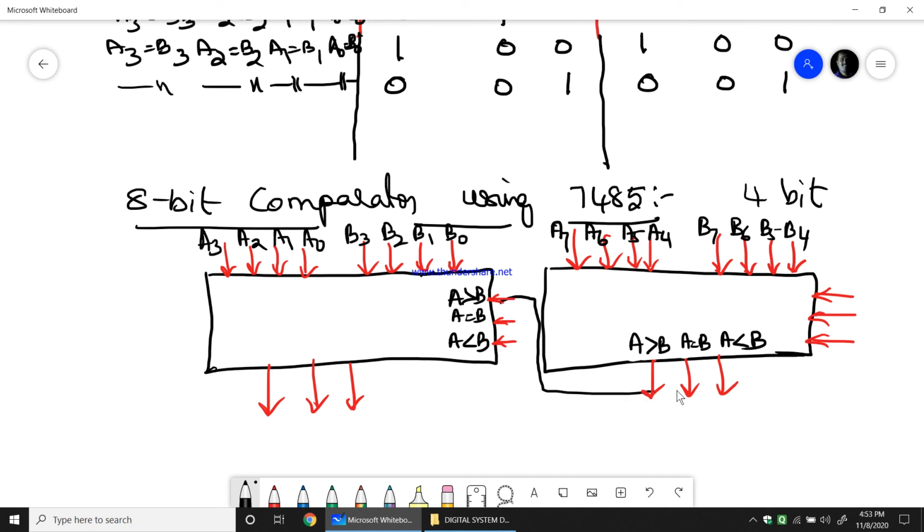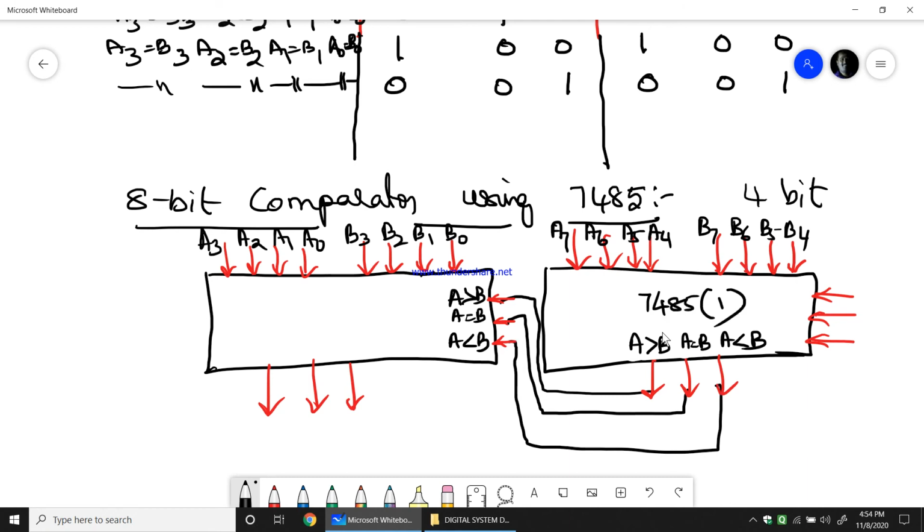The output of the first will be connected to the cascade input of the second. I will tell you why. So this is the first 7485 IC, this is the second 7485 IC, and we take the output at the second IC: A greater than B, A equals B, A less than B.